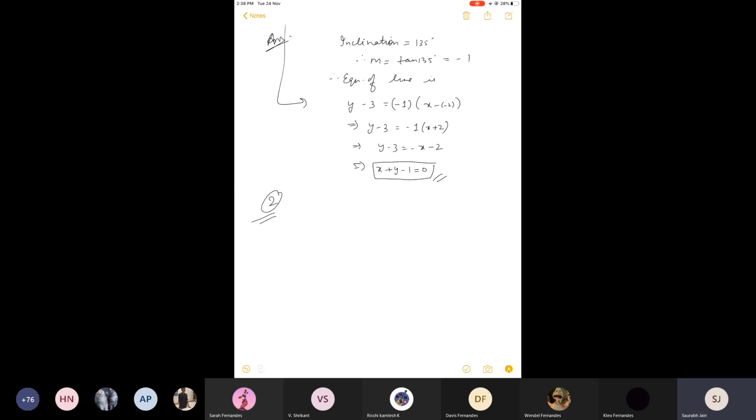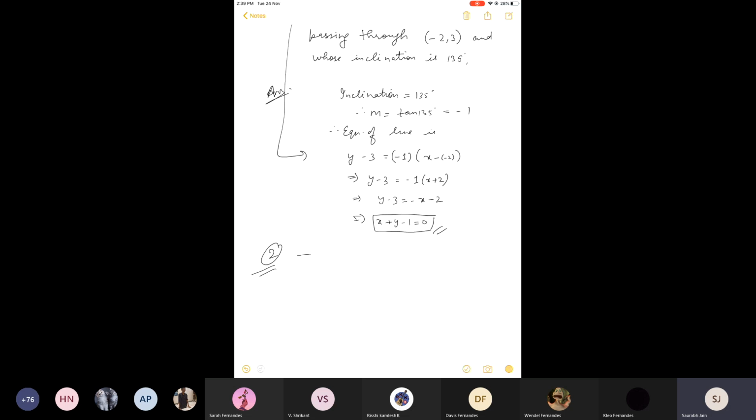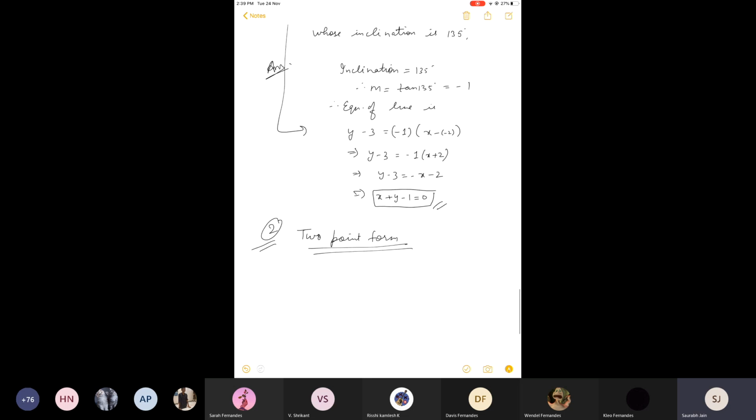Now next is, this was first. Second one was 2-point form. So as the name suggests, now two fixed points will be given on the line. If two fixed points, fixed point means their coordinates are fixed.